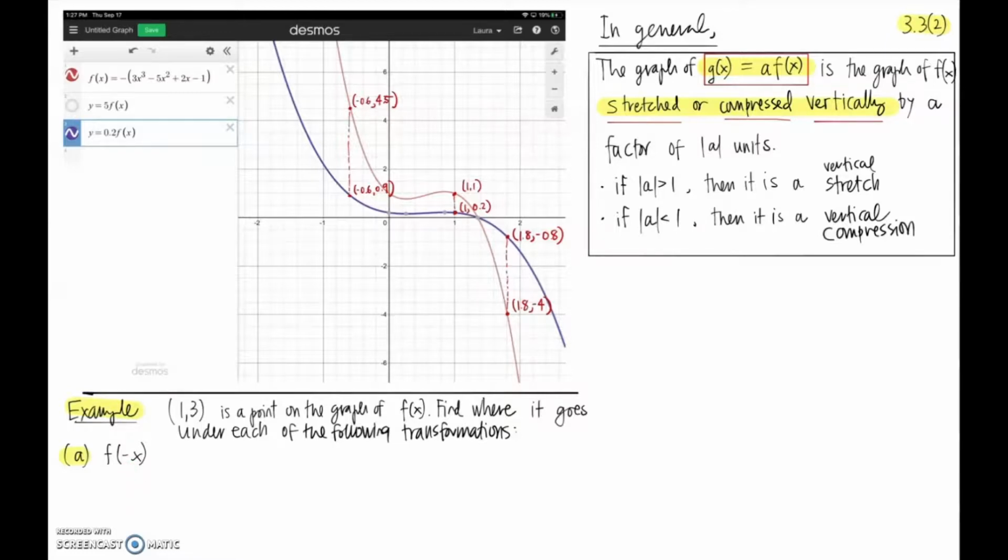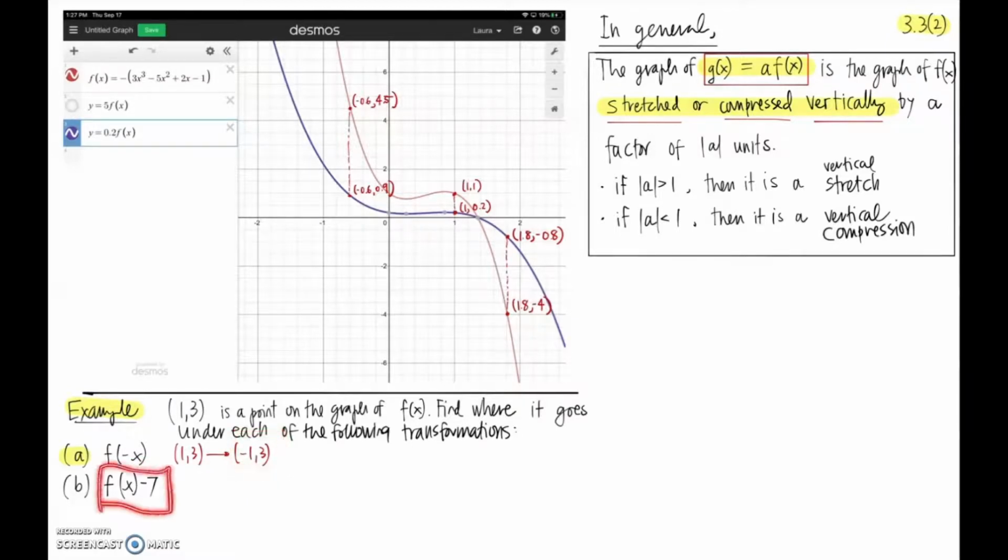We're switching x values for negative x values, so this is a horizontal reflection, a reflection about the y-axis. So if (1, 3) is a point on the graph, it's going to get reflected across the y-axis and should travel to the point (-1, 3). So under this transformation, (1, 3) gets moved to (-1, 3).